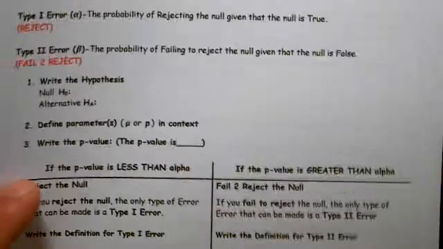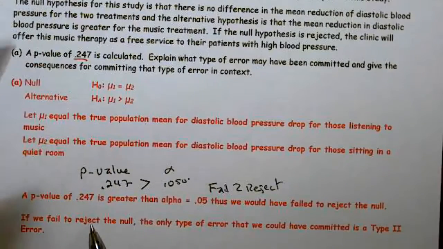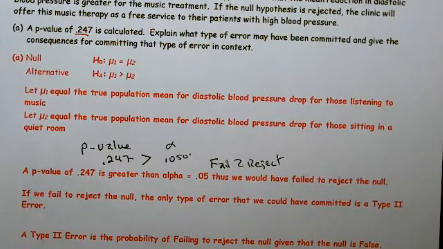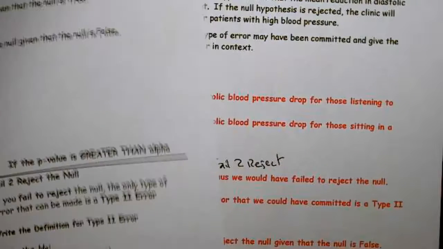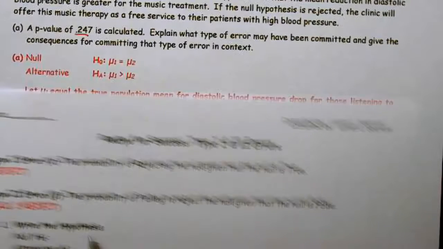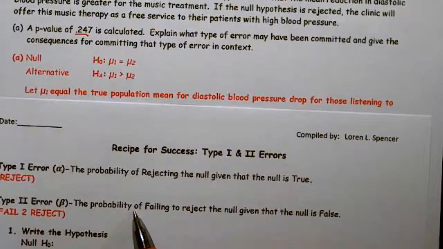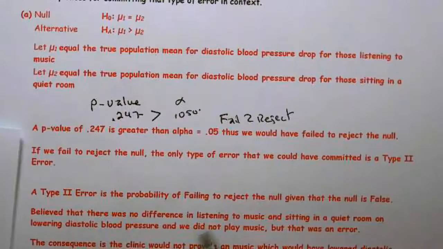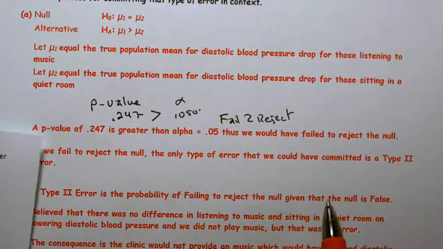All right. So if we fail to reject, the only type of error that we could have made is a type 2 error. Gosh, straight off the recipe. Then we have to write the definition for type 2 error. There it is. The probability of failing to reject the null given that the null is false.